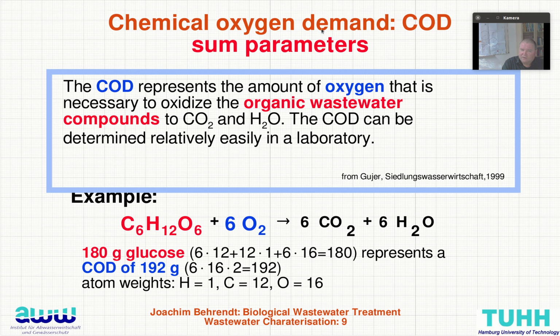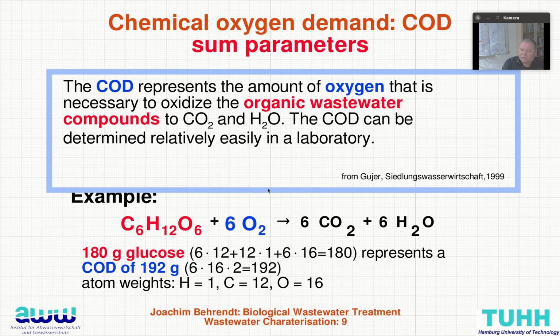First, we can look at one characteristic. The organic material can be oxidized to CO2 and water. If we oxidize all organic material, we can calculate the amount of oxygen that is used.